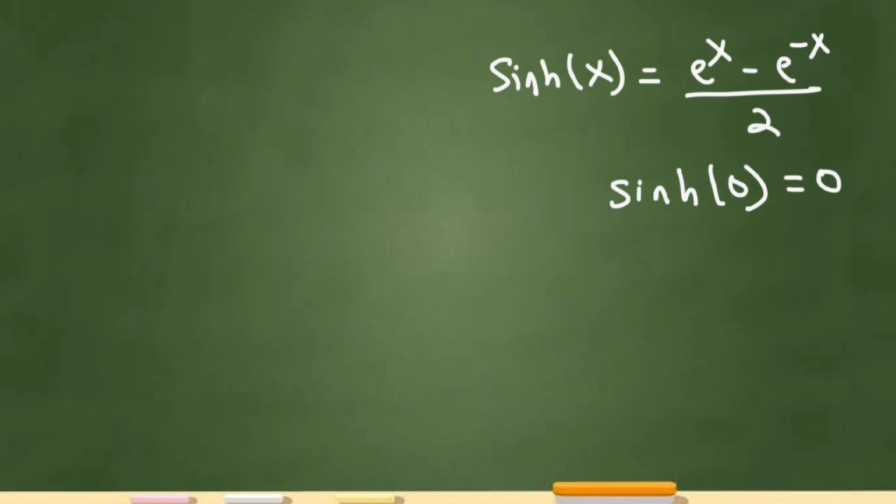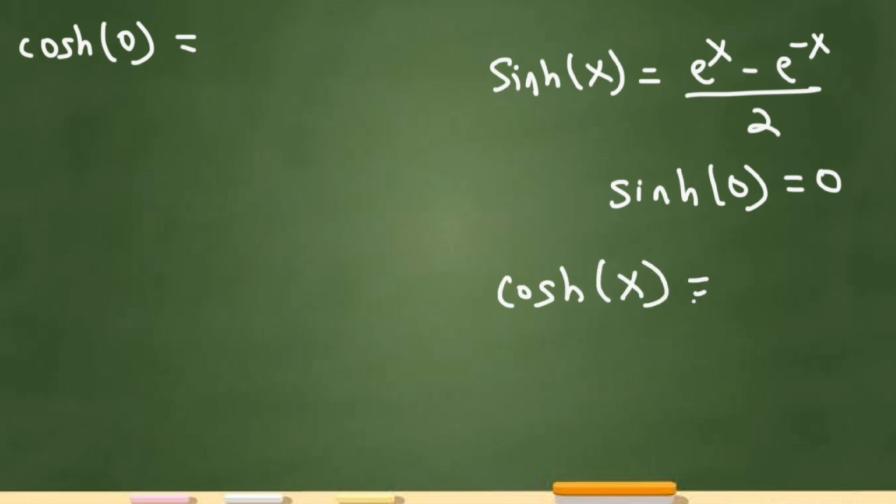Let's try another example. This is the value of hyperbolic cosine of 0. Feel free to pause the video if you would like to try the example. First, we need to know the formula of hyperbolic cosine of x, which is e to x plus e to negative x over 2.